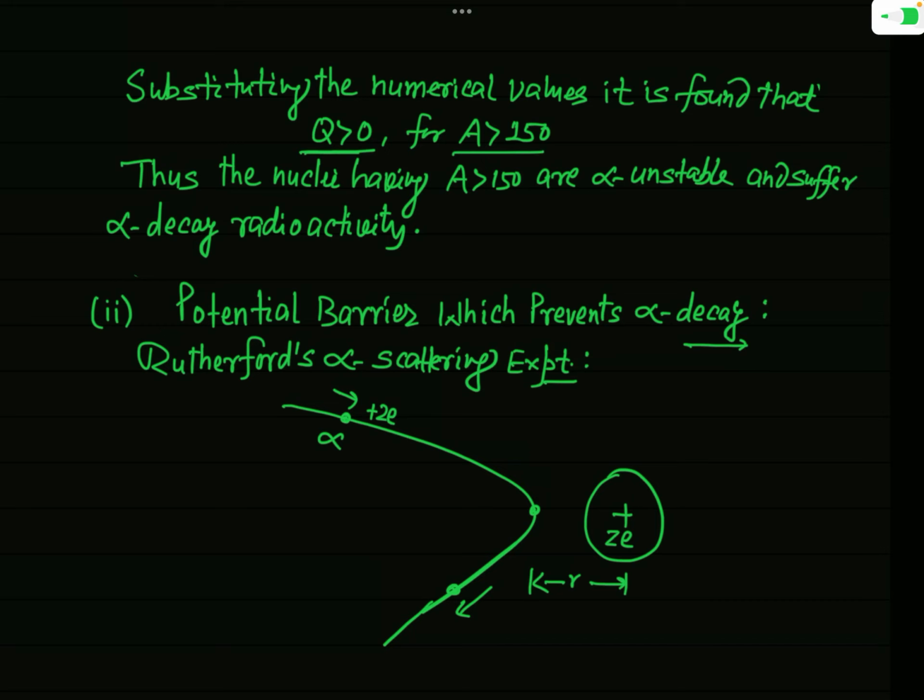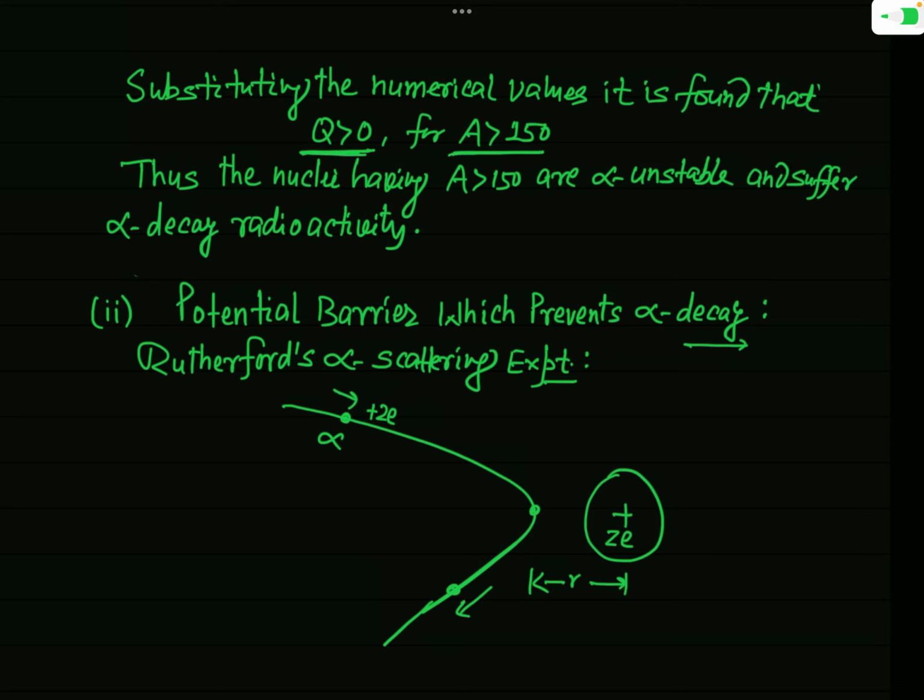It means that substituting the numerical values, the Q value is greater than 0 only when A is greater than 150. And you know, if the Q value of a process is positive, that process is energetically favorable. It means alpha emission will take place if A is greater than 150.